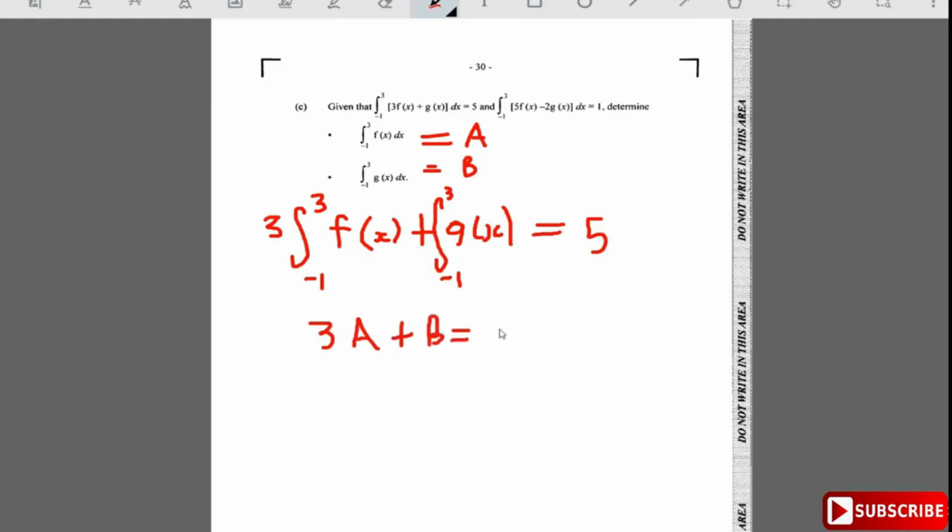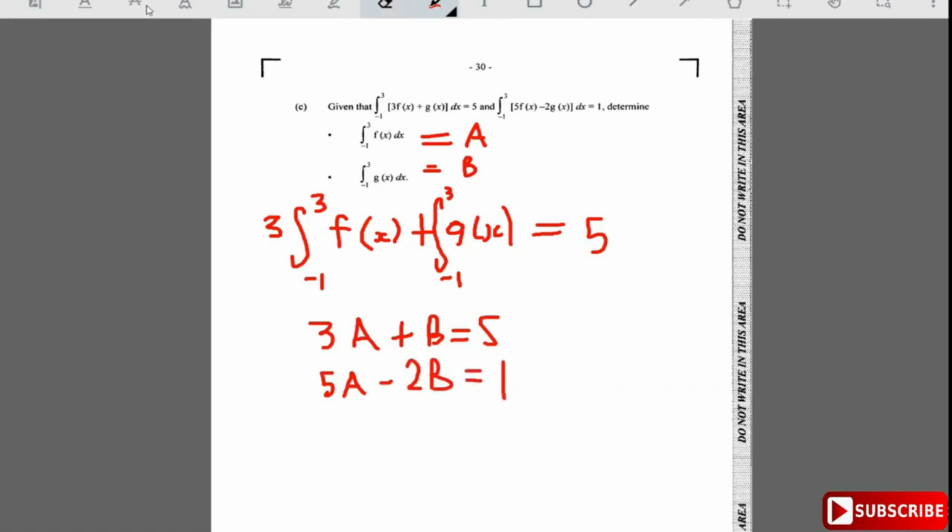So clearly, the second equation is going to be 5a minus 2b is equal to 1. All right, so you can just solve this simultaneously.